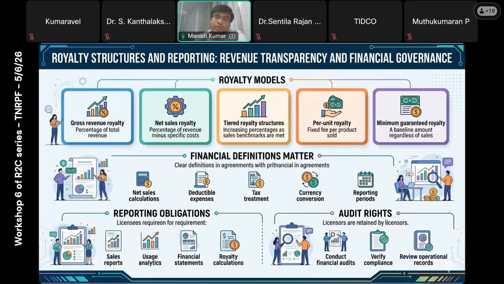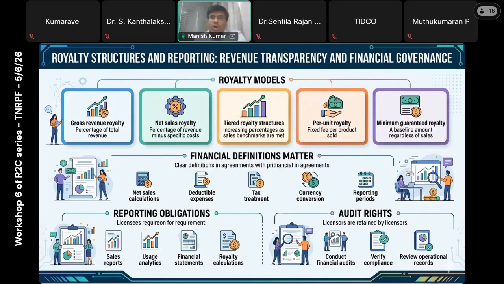You can also do a tiered royalty structure. For example, the technology is really doing well in the market, and say that after sales of 1 lakh units, because the sales are high, I'm getting more revenue, the company may ask for a reduced royalty. So they can ask for a 0.5% reduction in royalty.